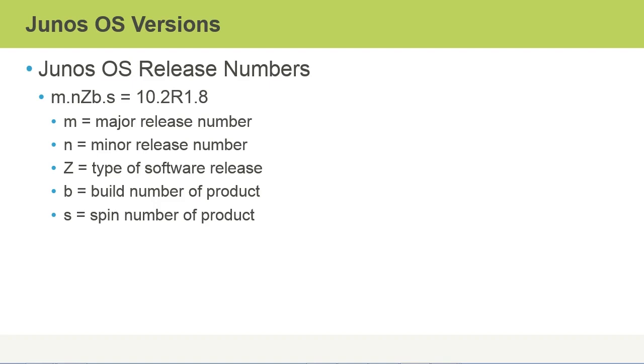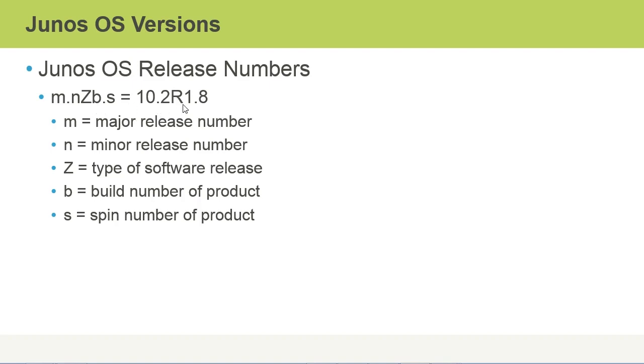You might also have a capital B there for a beta release, capital I for an internal release, a capital S for a service release to solve some specific problem, or X would mean that it's a special release. So there are a few different codes that they use, and in this case, that's going to be a maintenance release.